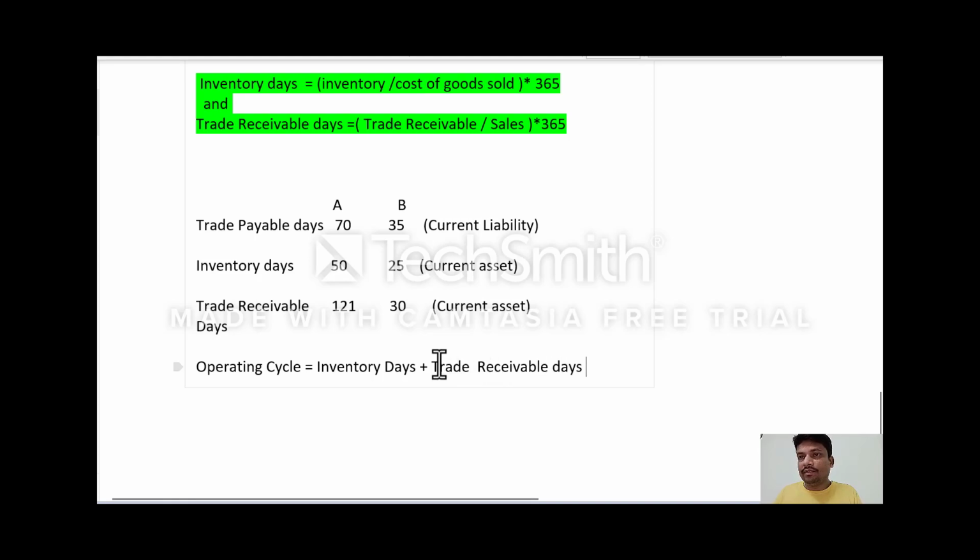In some references and balance sheets, trade receivable days is also called collection days or sundry debtor days, and trade payable is also called sundry creditor. So operating cycle is equal to inventory days plus trade receivable days, meaning from the day when raw material is purchased to the day when cash is collected after sale of the finished goods.